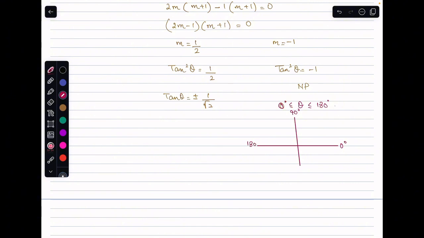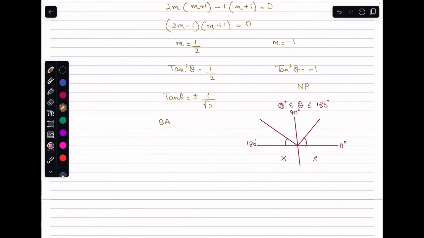Therefore, in the first quadrant our theta is positive, so this is going to be the angle of rotation, and it's negative in the second quadrant, so I should consider this angle here. The third and fourth quadrants I should not consider because they are not included in the given domain. After locating the quadrant, the next step is to find the basic angle.